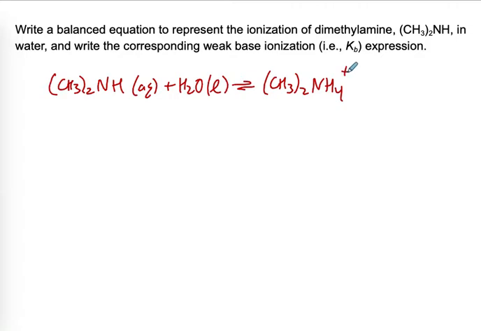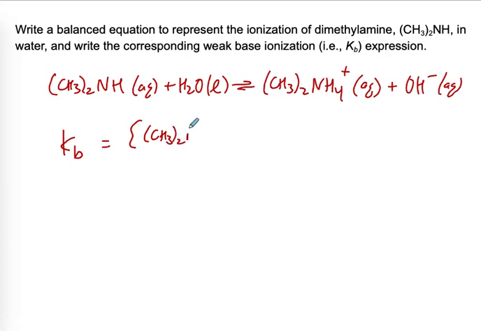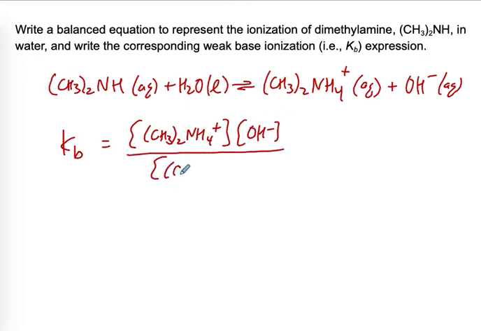Notice that I show the base accepting a proton, so it has an extra H on it plus a positive charge, and remaining behind after the water gives away H plus is the hydroxide anion. The Kb expression will be equal to the concentration of the dimethylammonium ion, the conjugate acid, times the concentration of hydroxide, divided by the equilibrium concentration of unionized dimethylamine.